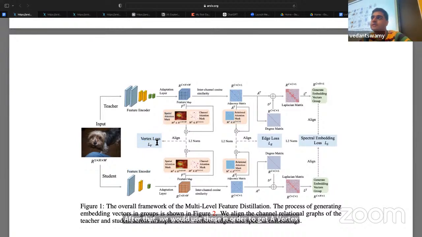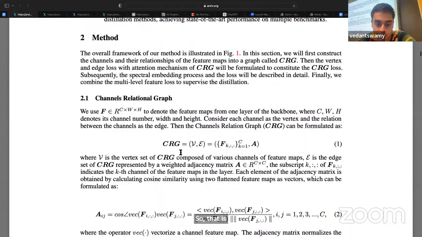Right. So first, let's understand what a vertex and edge is in this case. The graph consists of teacher channels, where each teacher channel is a vertex, and the edge denotes the similarity between two teacher channels. That's exactly what the graph is, as you can see here.